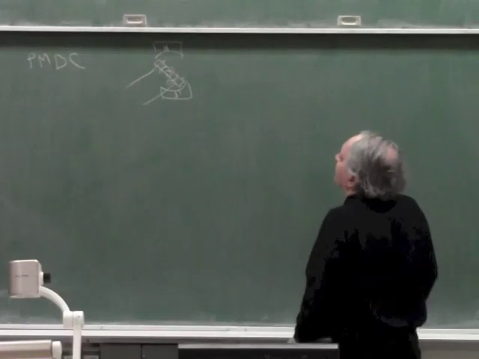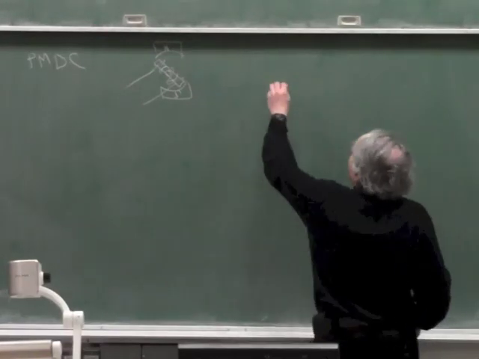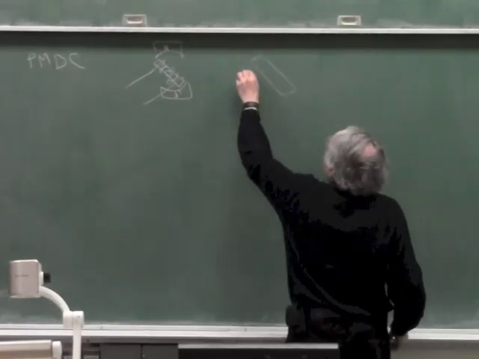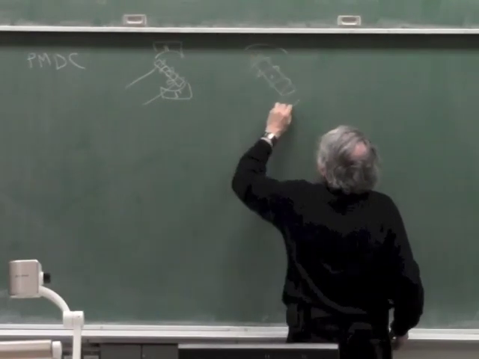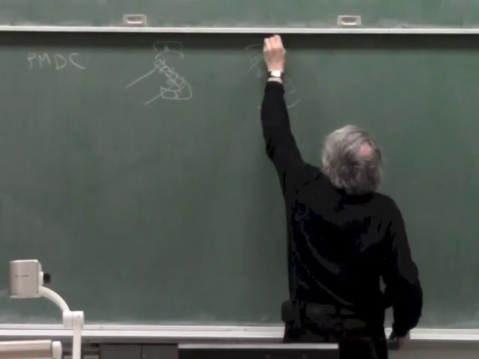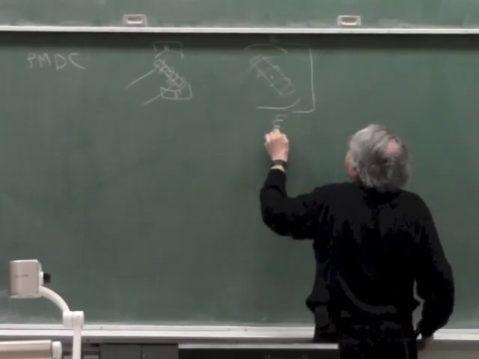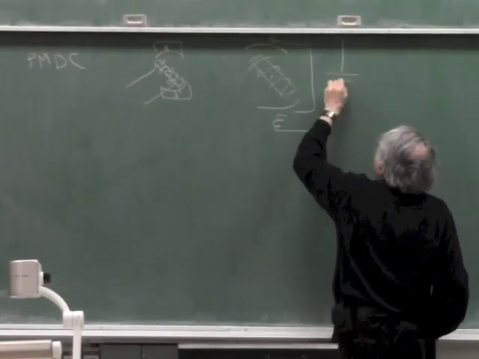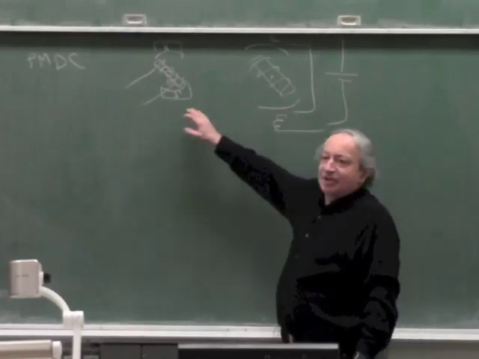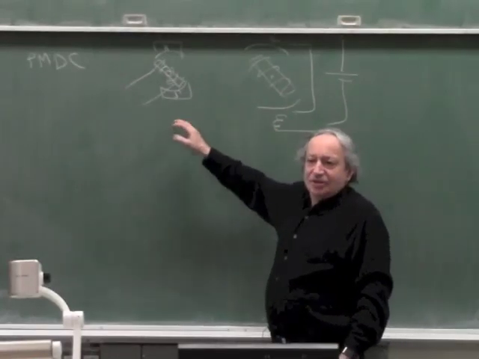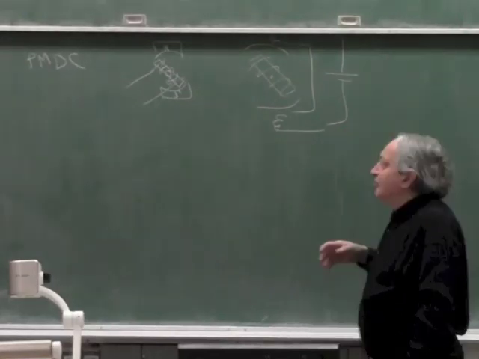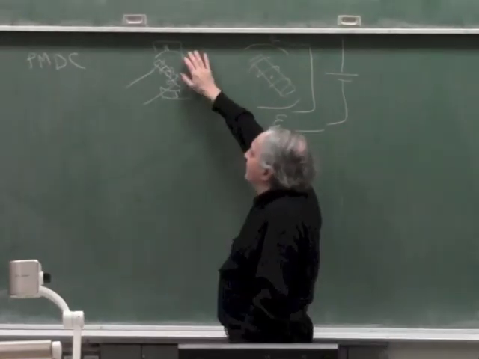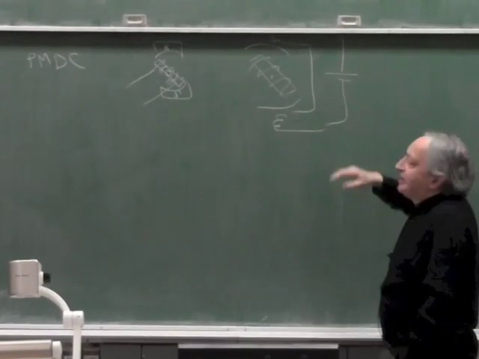Okay? So if I have this type of motor, or I replace the magnets, I still have the coil, and I replace the magnets here by two other coils. But if these two other coils are connected to a battery, they are the same as a permanent magnet. So there is no difference between a PMDC motor and a motor that, instead of a permanent magnet, is using a coil and a battery.